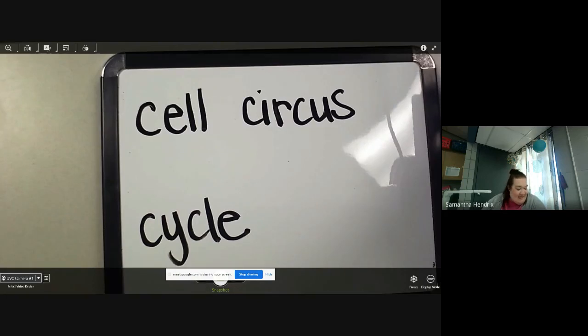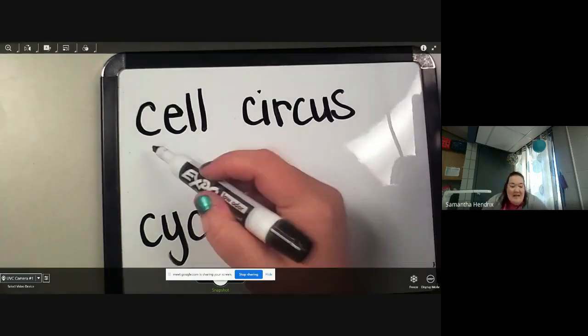It's the C. How many of you knew that the C could sound like an S? Yeah, some of you did. Probably most of you, but we're not quite sure when, right? We're going to learn that today.